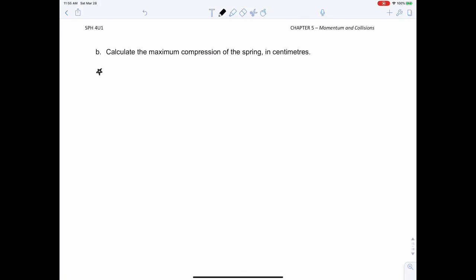Now it's important to note at the time of maximum compression, the velocities of cart number 1 and cart number 2, or glider number 1 and glider number 2, will equilibrate and will be the same. So the final velocity during maximum compression will be the same, and we'll call it VF.